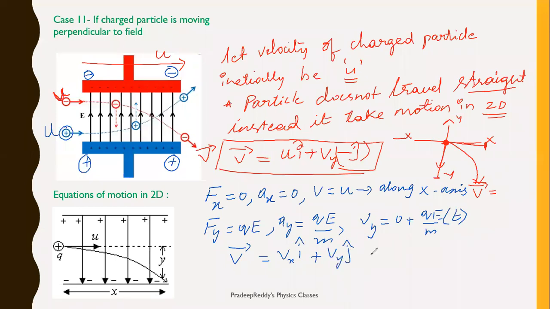The velocity along the x-axis remains the same, so I can write it as u i cap, plus the velocity along the y direction, qE divided by m into t, in j cap. This is the final velocity obtained by the charged particle when it travels perpendicular to the electric field. I hope this concept is clear.